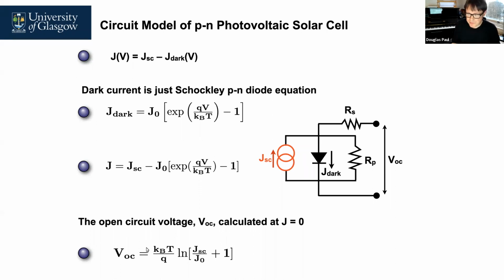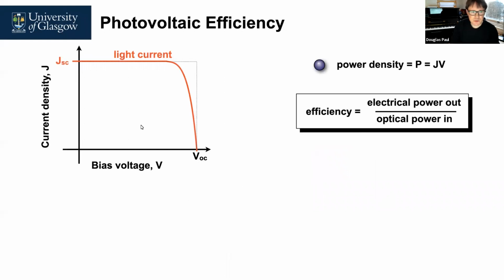So we've got everything we need now to actually go and define the efficiency of a photovoltaic cell. So we've got our light current diagram, and the power density of this is given by the current density times the voltage.